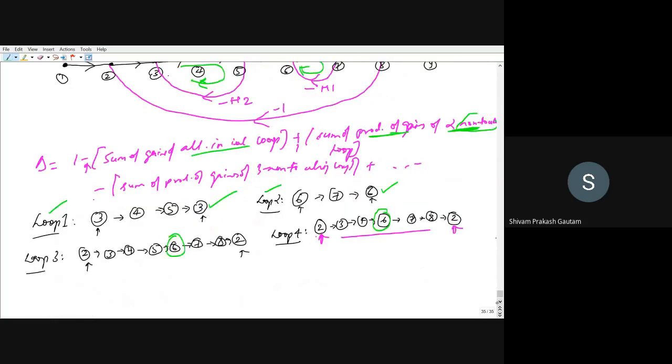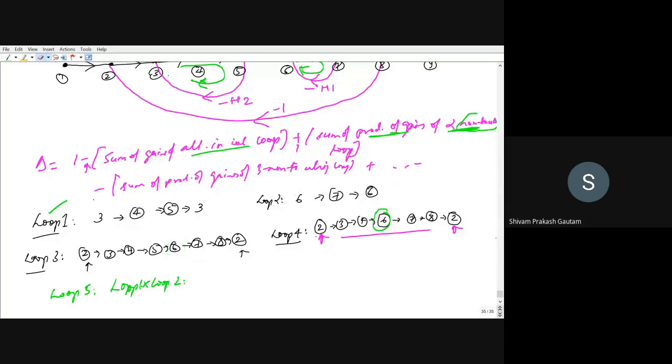Product, we have to take product. So loop 5 for the 2 non-touching loops will be equal to loop 1 into loop 2. You have to take the gain of both loop 1 and loop 2. Now I will write down the gains of the respective loops, just pay attention.